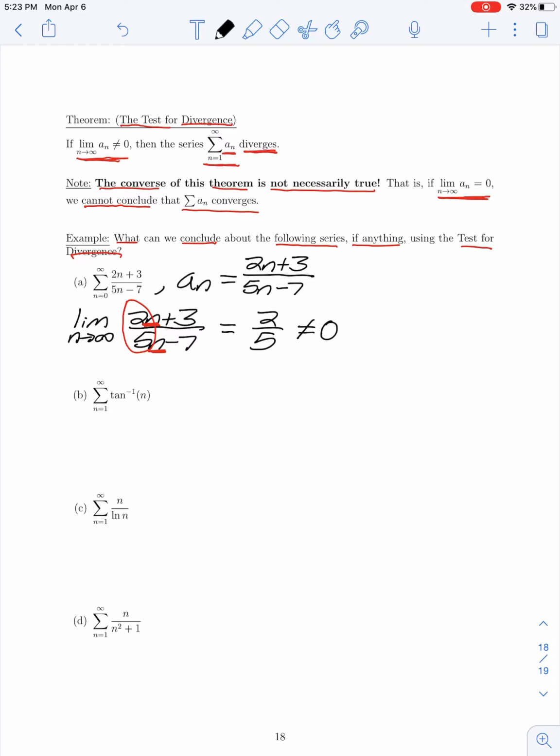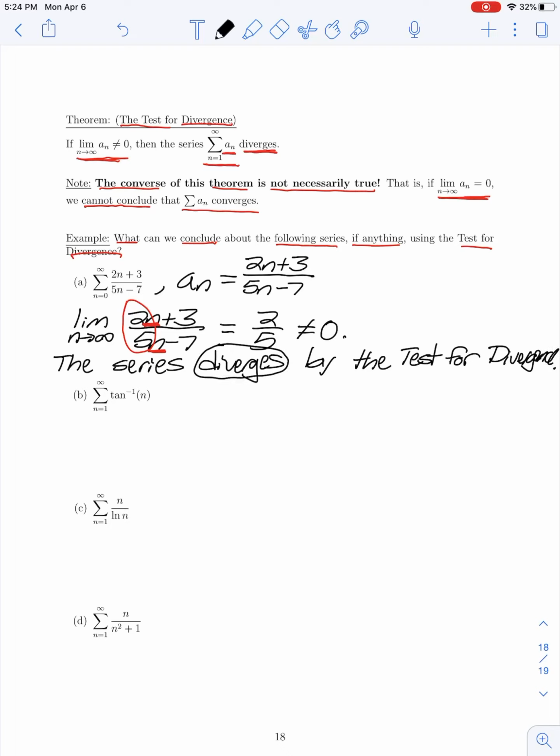So in the event that we have a non-zero limit, we would say the series diverges by the test for divergence. So here in part A, we could tell that our series will diverge.